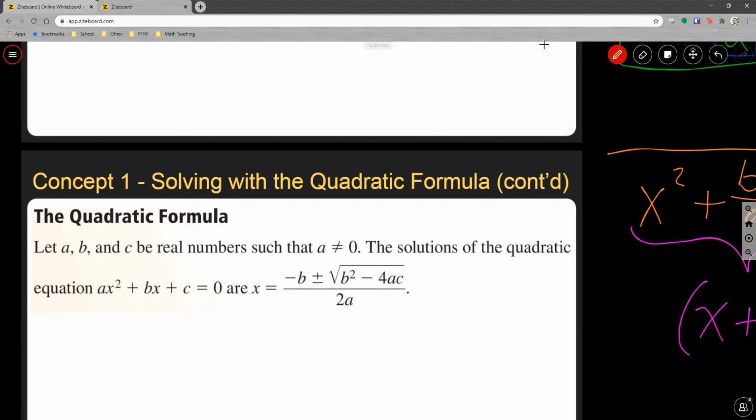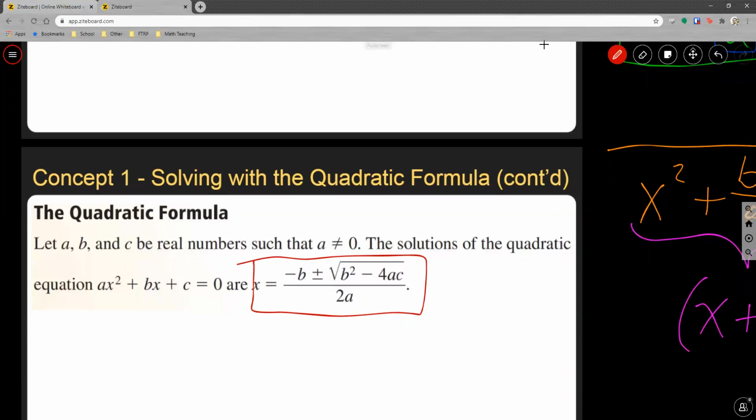The quadratic formula. As long as a, b, and c are real numbers, and a is not equal to 0, which is our requirement for all of our standard form stuff, the solutions of a quadratic equation, ax squared plus bx plus c equals 0, can be found by using this formula. x equals negative b plus or minus the square root of b squared minus 4ac all over 2a.